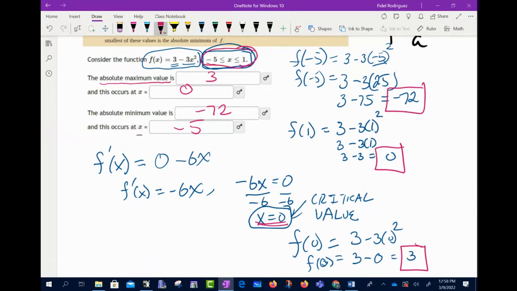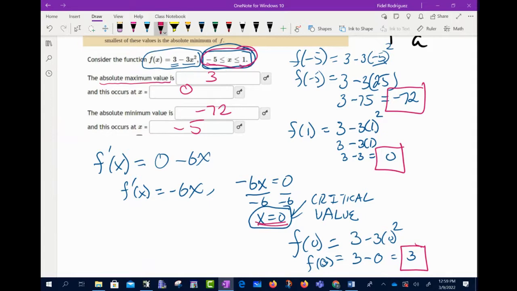So I'm going to make this up. Suppose the value of x you would have come up with would have been 7. I wouldn't use it because I have to be between the 2 numbers. So we evaluate at the endpoints, and we evaluate at the critical values, as long as the critical values, John, fall within the endpoints.